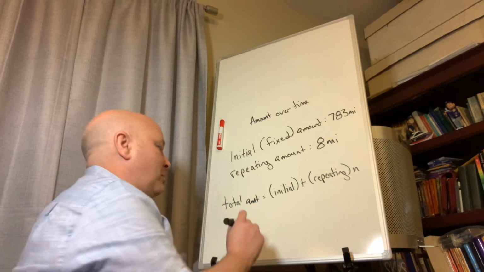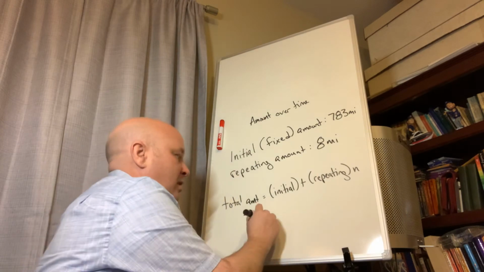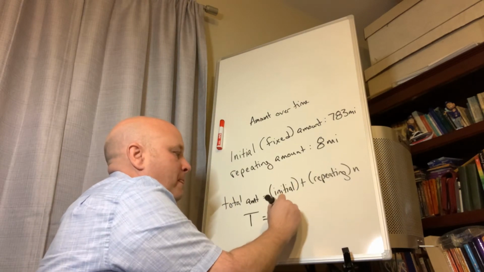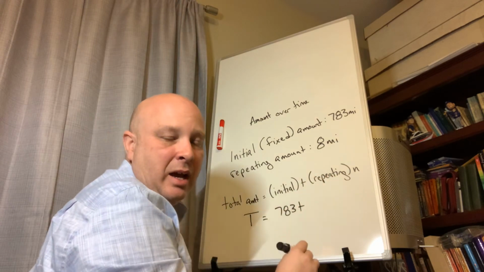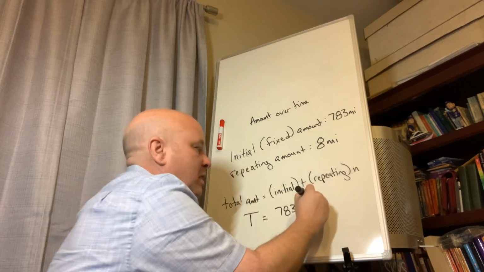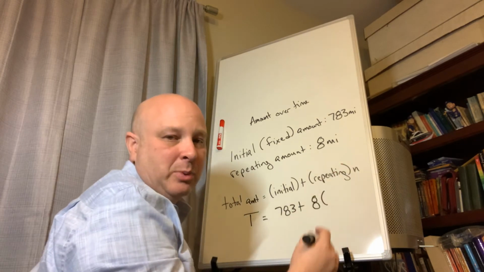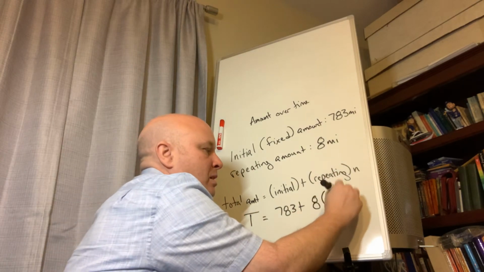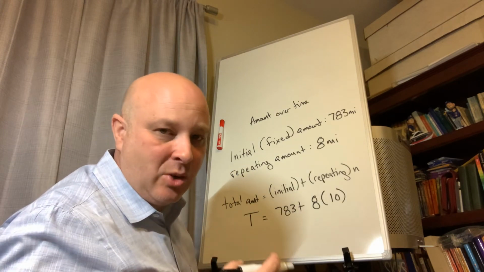So what is the total amount? T, capital T, is going to equal 783 plus how many miles are they putting in every year? 8 times n. What is n? In this particular example, it's 10, because we want to know where they're going to be in 2024. That would be 10 years after our initial date.